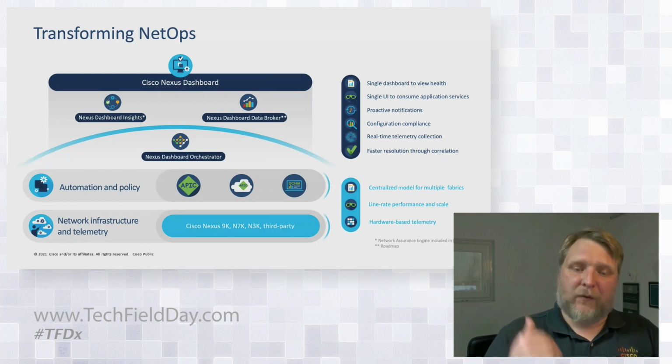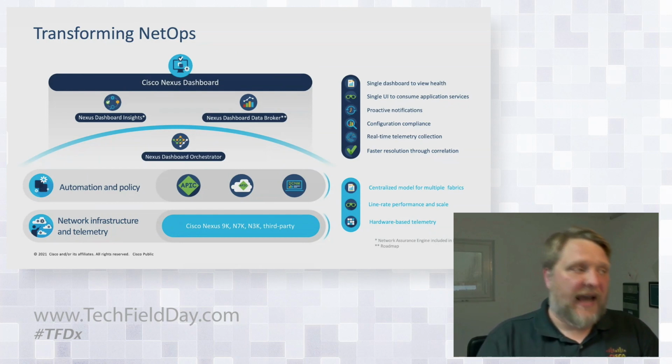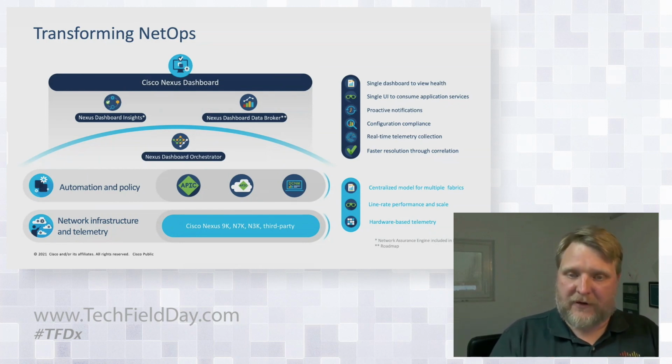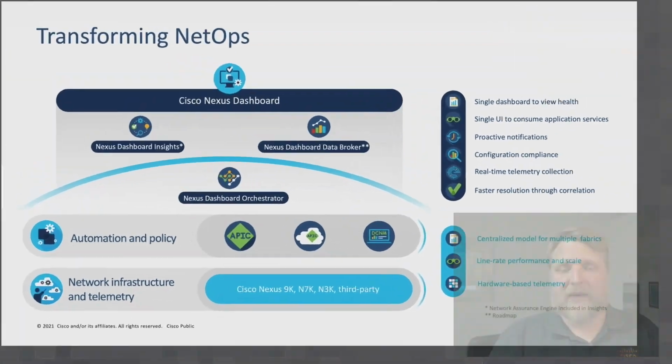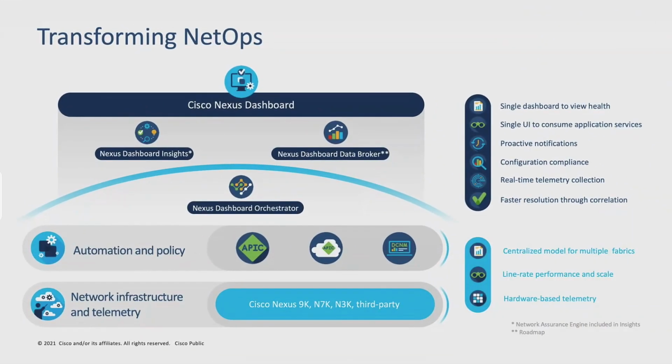That's the whole idea. It works for APIC-based, ACI-based, Cloud ACI-based, and NX-OS-based with DCNM, right? Working on the 9K, 7K, 3K, so that you gather that information and have it shown in the Nexus Dashboard. So that's the whole idea. The Nexus Dashboard is the central place, not only the services, also having on top possibilities to have workflows to gather this data together and integrate with third-party tools.